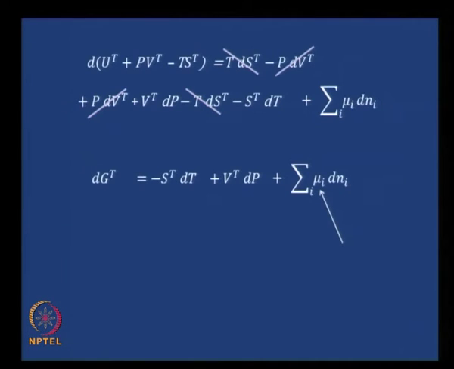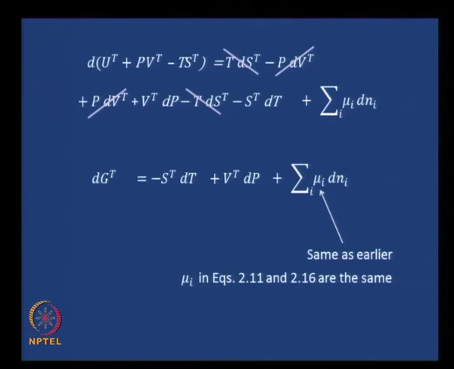Note that this term automatically became dG_t and whatever was left here was only minus S_t dT plus V_t dP plus summation of μ_i dN_i, and this was the same μ_i that we started with earlier; we did not do anything to it.